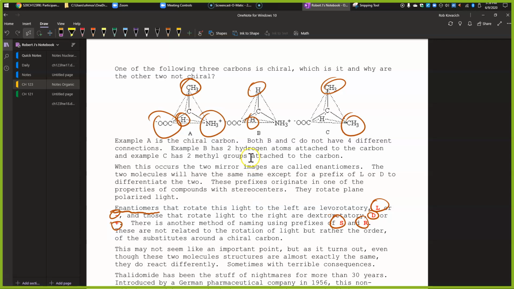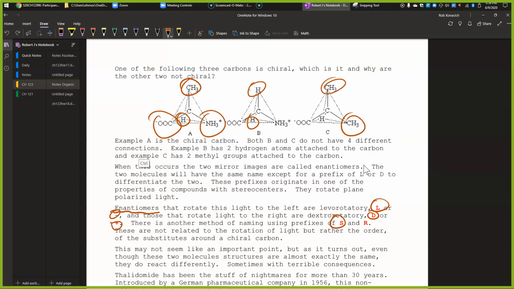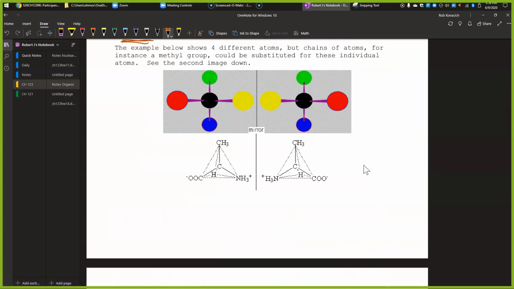So depending on how you name this thing, if this one is the S version, then this is the R version. Or if this is the L version, then this is the R version. If this is the plus version, then this is the minus version. Okay?